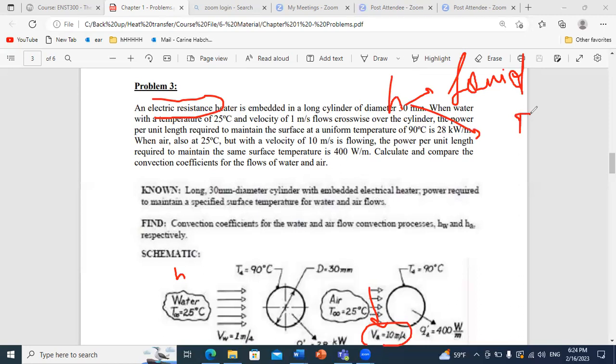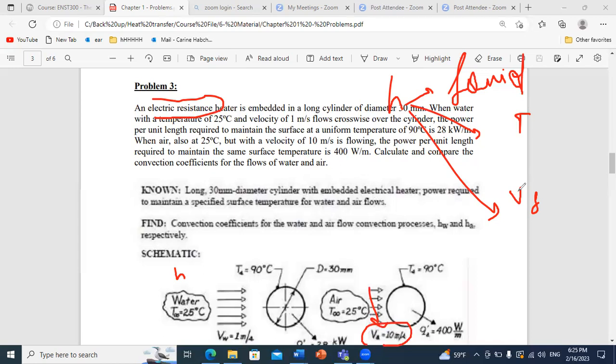It will depend on the velocity of the fluid, etc. So you have several factors that can affect h, but the main parameters are fluid type and the velocity of the fluid. And from experiments, we have observed that in general h is much larger for the same velocities for liquids than for gases.